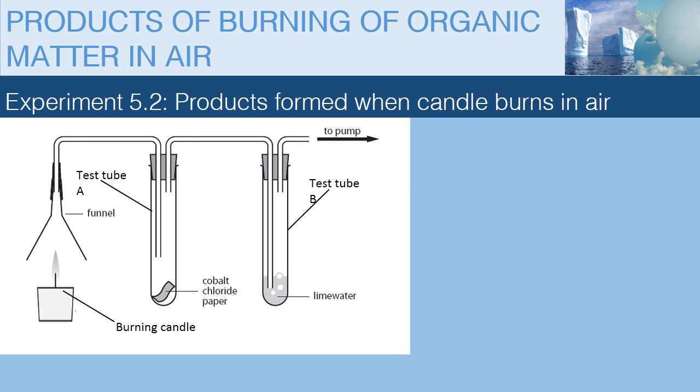Again, the other products are sucked into test tube B and they turn lime water into a white suspension, or a white precipitate.